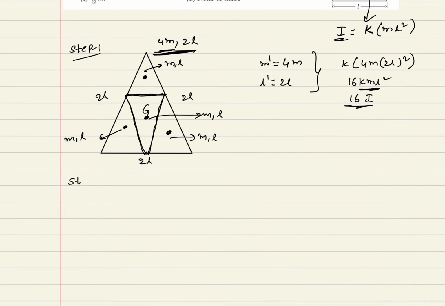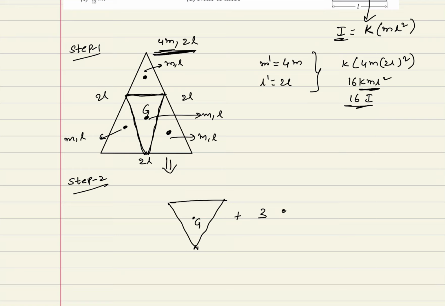Step 2: what I am going to do is write this as about G. I am calculating here a single triangle about G plus 3 triangles.